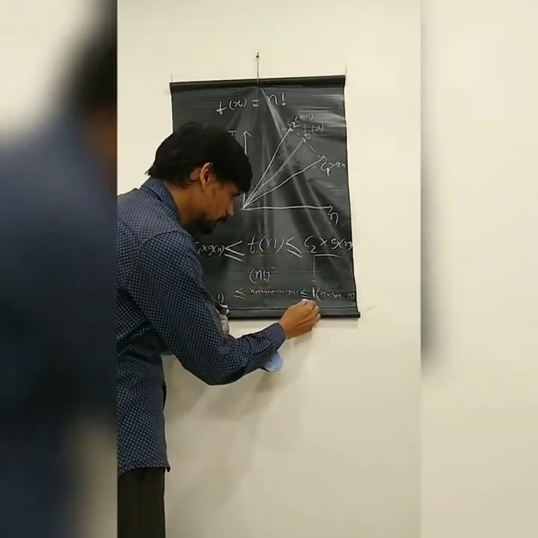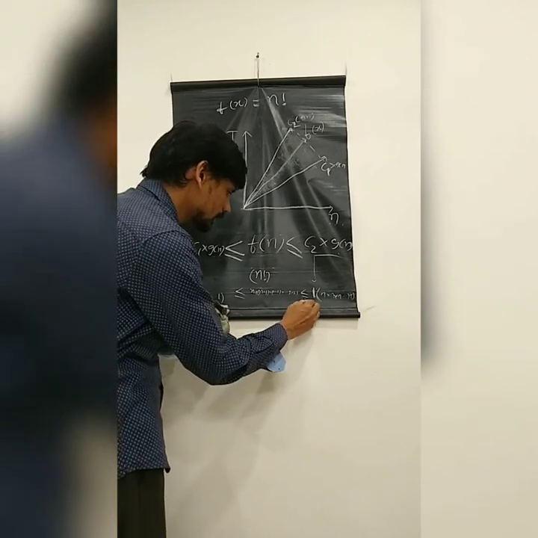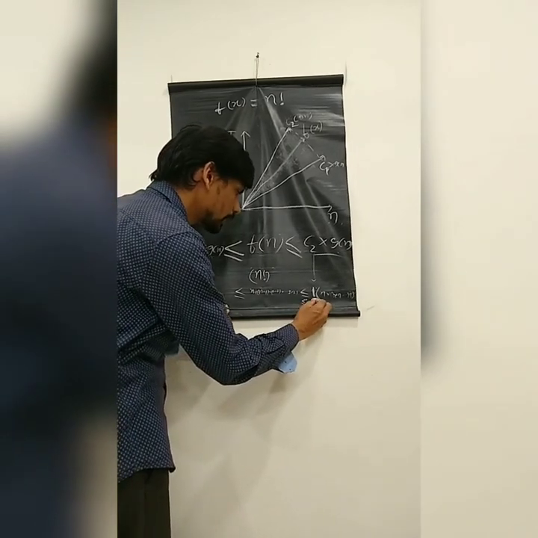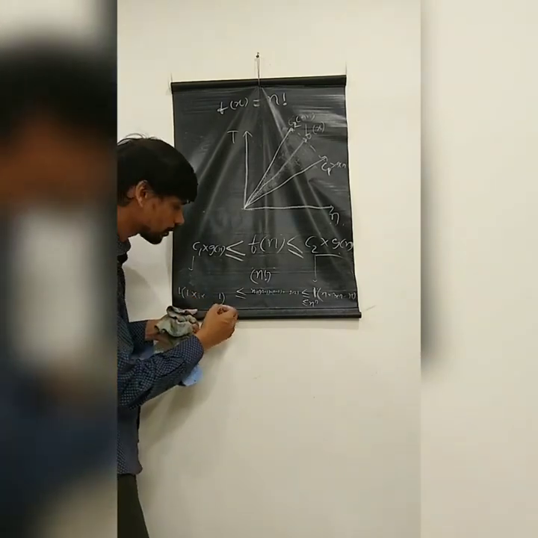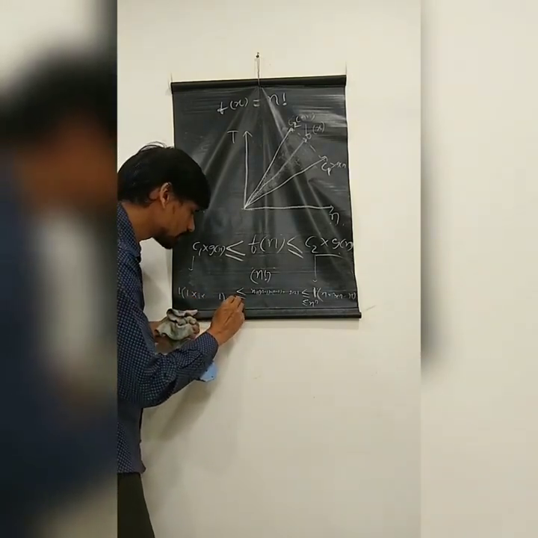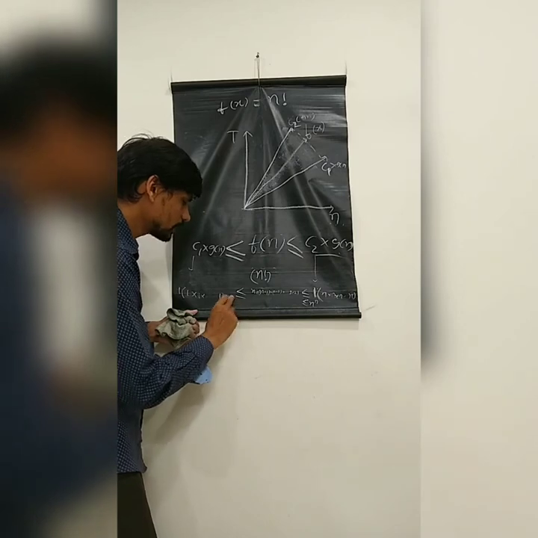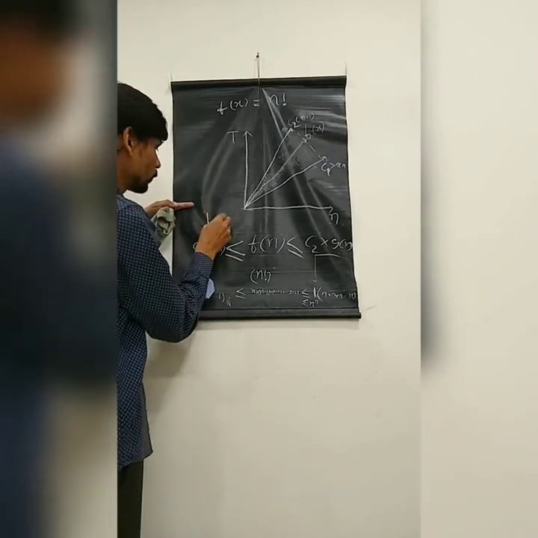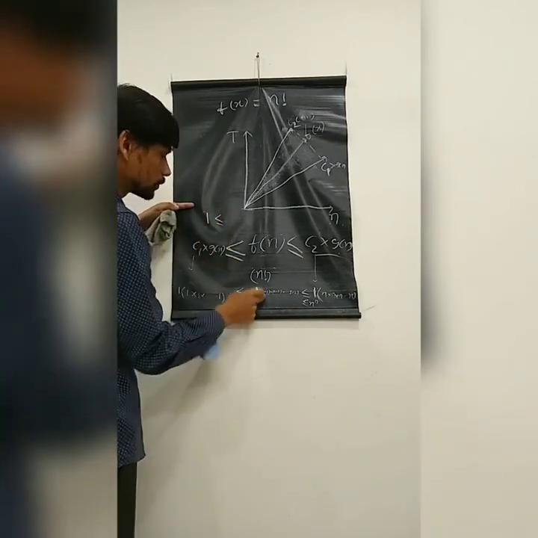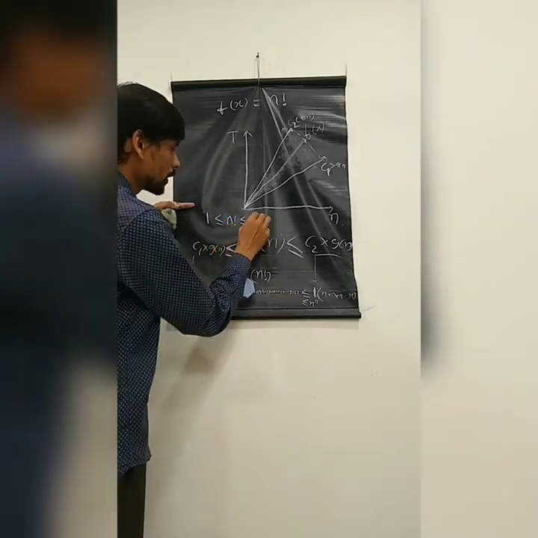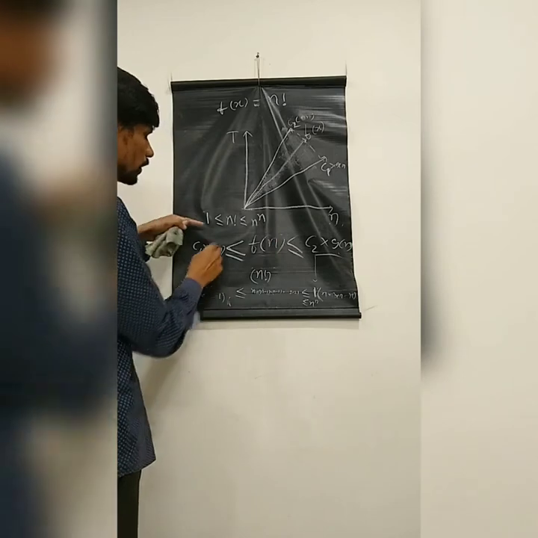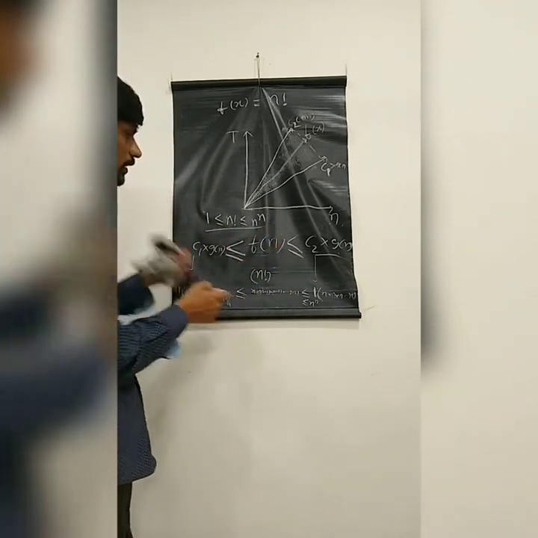So this can be represented as n power n. This can be 1 multiplied by n number of 1 times also. This can be represented as 1, right? So I will translate here: 1 is less than or equal to n factorial, which is less than or equal to n power n. This is the result we got.